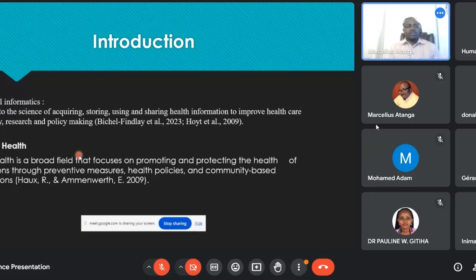Disease prevention. These are all areas under public health, environmental health, health policies and management, and this transcends to global health.